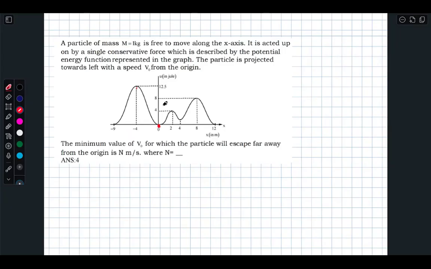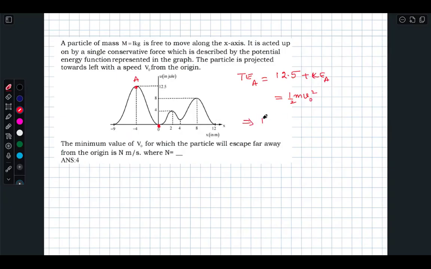Forget about that. So therefore, how to handle this situation? Now, total energy at this point, let this be E. E is potential energy 12.5 joule plus kinetic energy at A. And that should be same as half m V naught square.